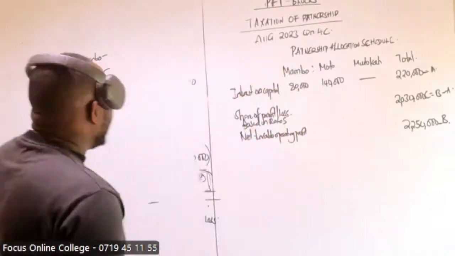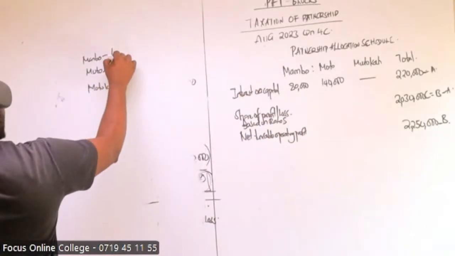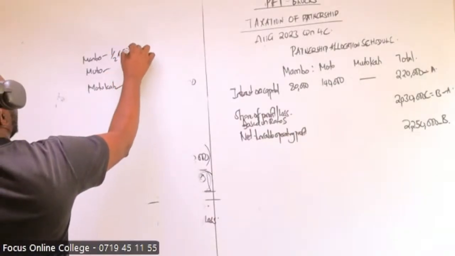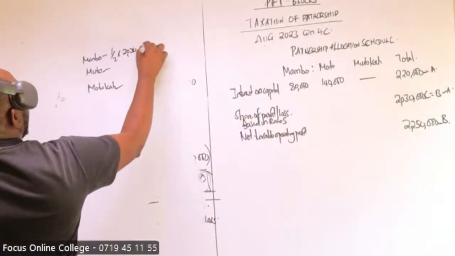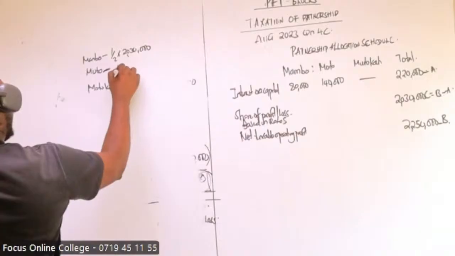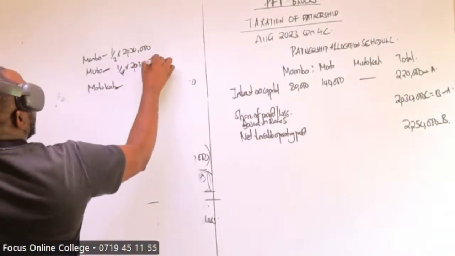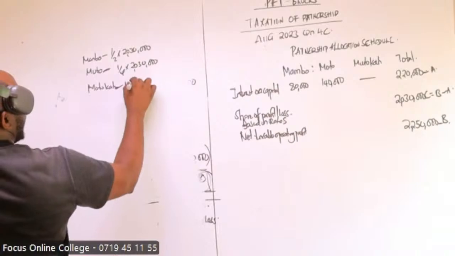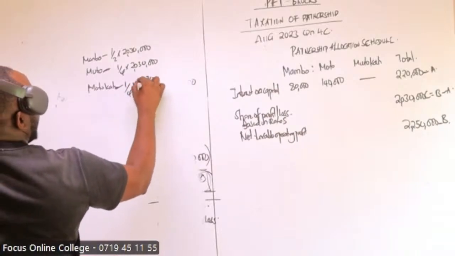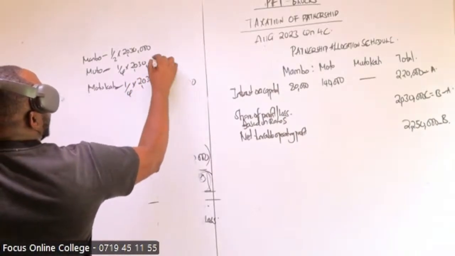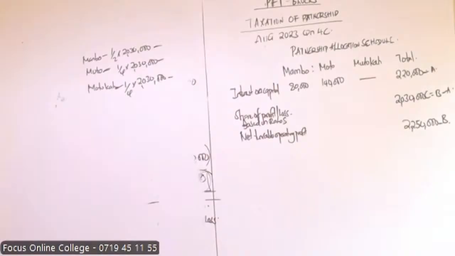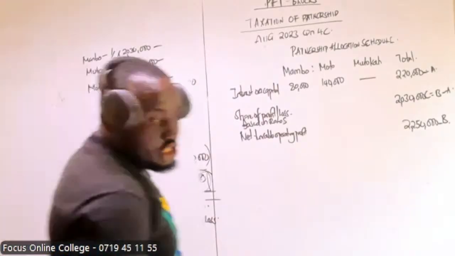So Mambo was basically getting what? Mambo was getting a half times that figure, 2030. Moto and Motor Car were getting a quarter of 2030 each.